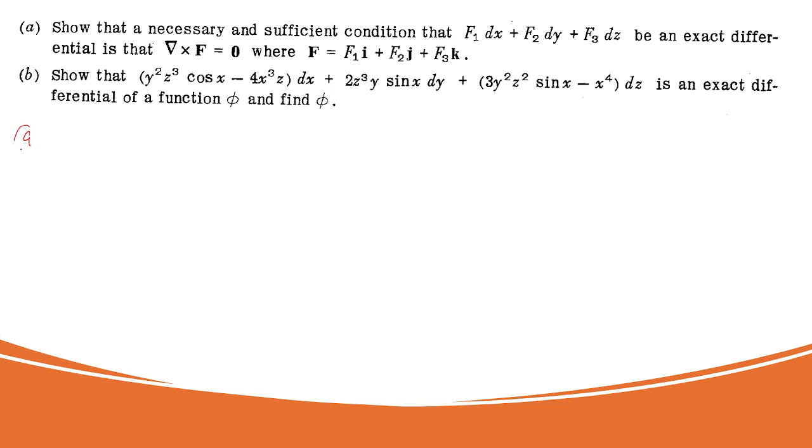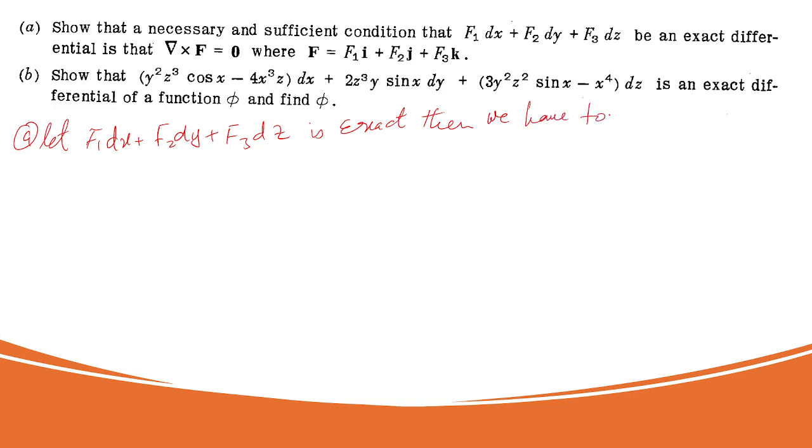So I'm solving part A. Let f1 dx plus f2 dy plus f3 dz be exact, then we have to prove that curl of F is the 0 vector.